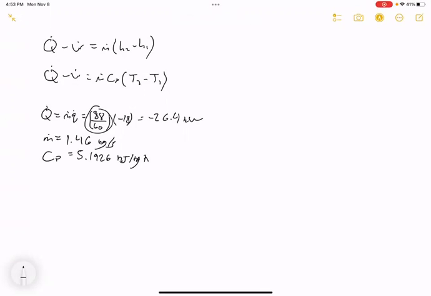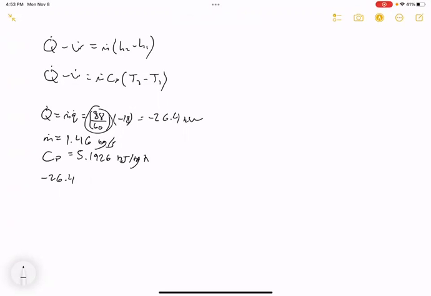Well, we're told in the question that T2 is 450, T1 is 300. So we're all good to go to plug everything in. So Q dot is by convention negative because it's a loss of heat. If heat was being transferred to the system, it would be positive.